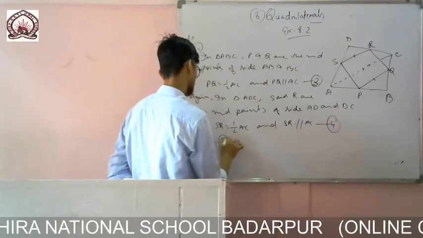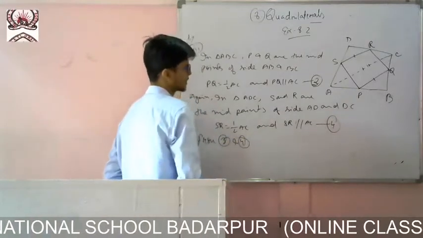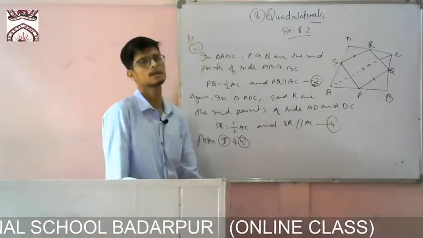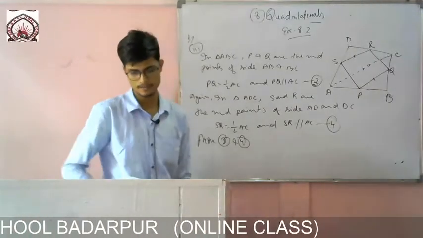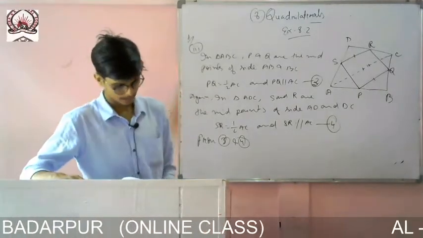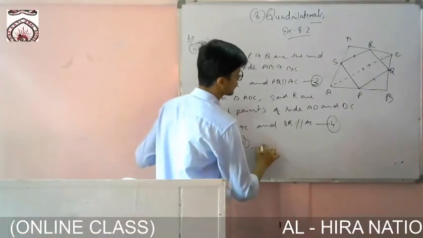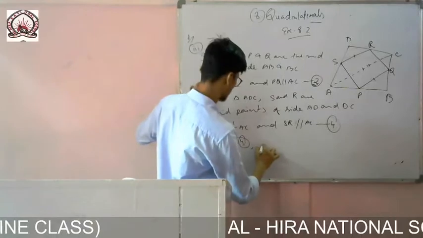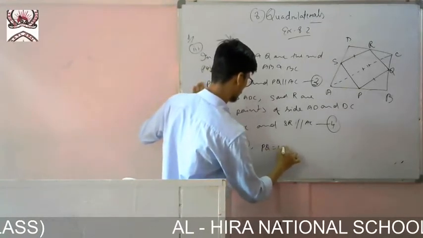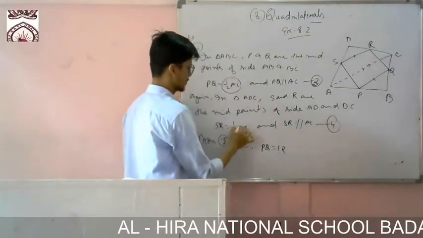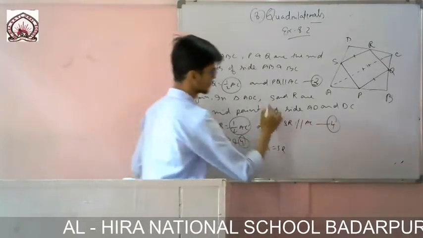So from 3 and 4 I can write. Now I have to show that this is a parallelogram. That means I have to show that these lines are parallel. So from this, what am I getting? I am getting that PQ is equal to SR. These two parts are the same.